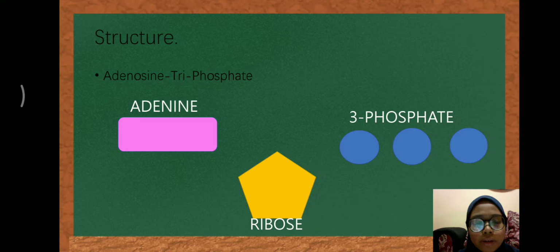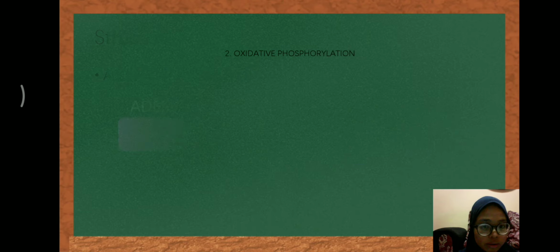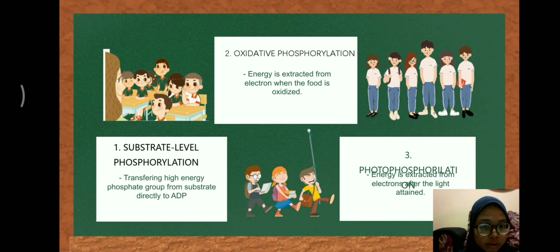The next thing is phosphate, and for the phosphate we have tri here, so we will have three phosphates. These three are linked by a high energy bond, but the last two phosphates are unstable phosphate bonds.